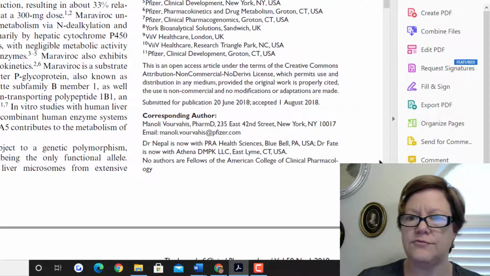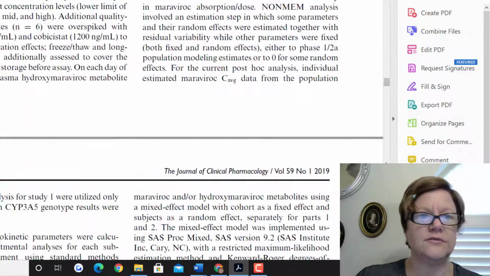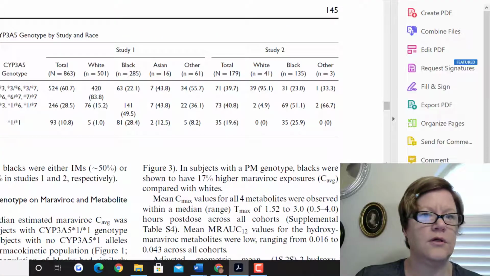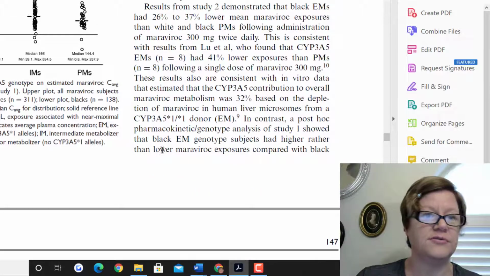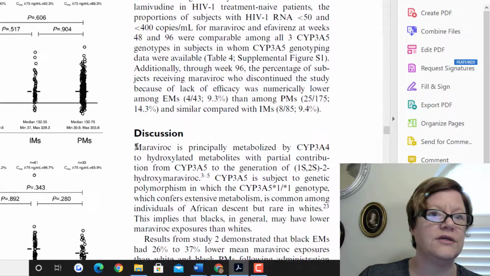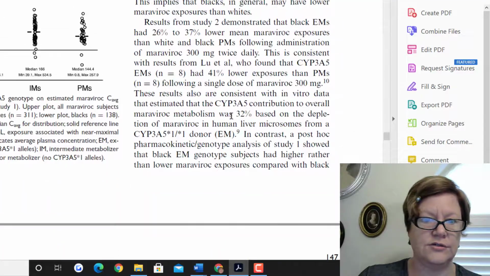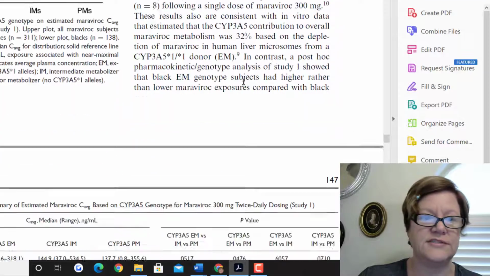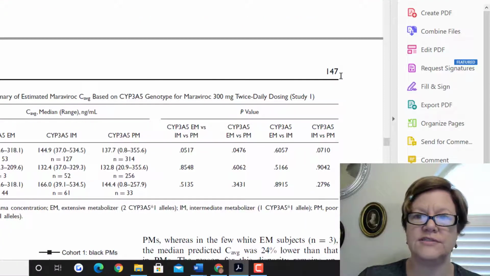And then I really direct you mainly to a couple of the data tables. I think I asked you to look at figure 1 and table 2. So here's figure 1, which takes up about half the page on page 146. And then table 2 here on page 147.